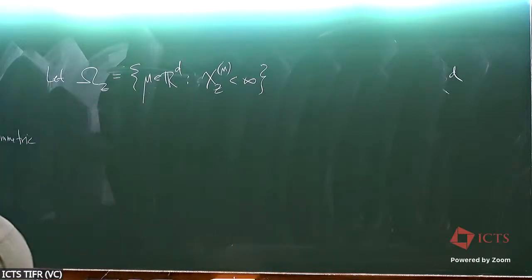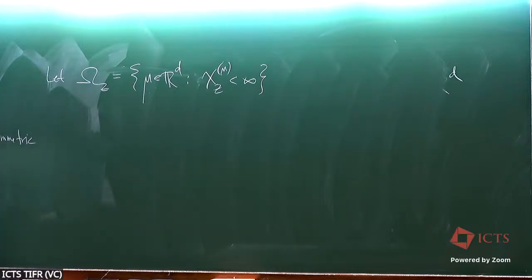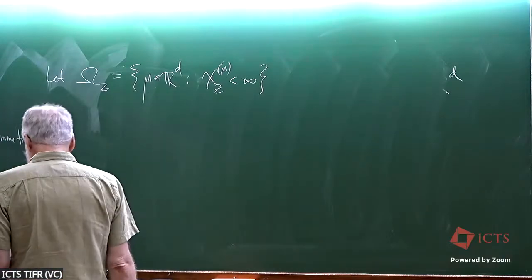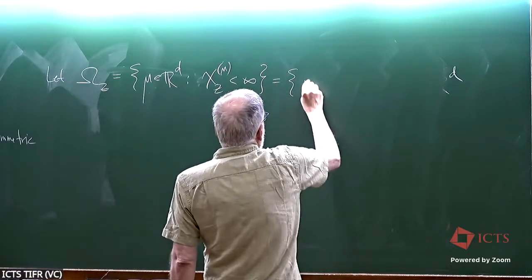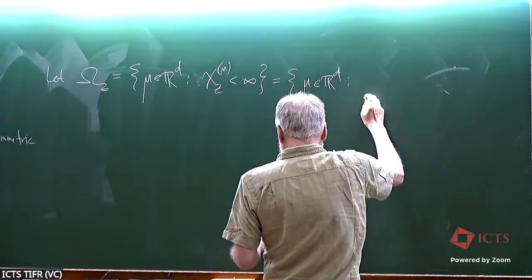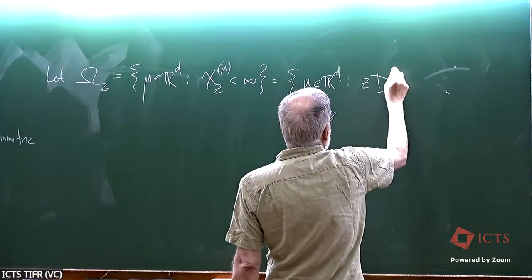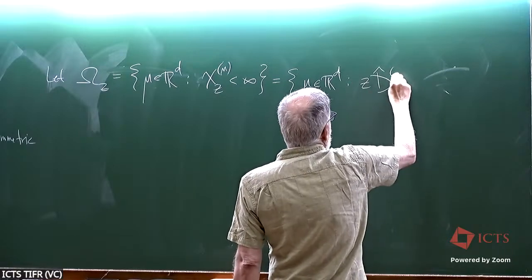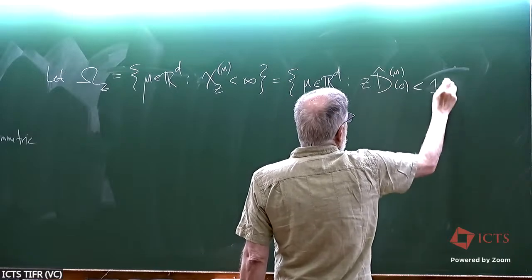So chi_z, remember, chi_z of mu is just the sum over x of S_z of x times e to the mu dot x. Now this is going to be just equal to the set of mu in R^d such that the tilted J, which in this case is D times z, is less than 1.